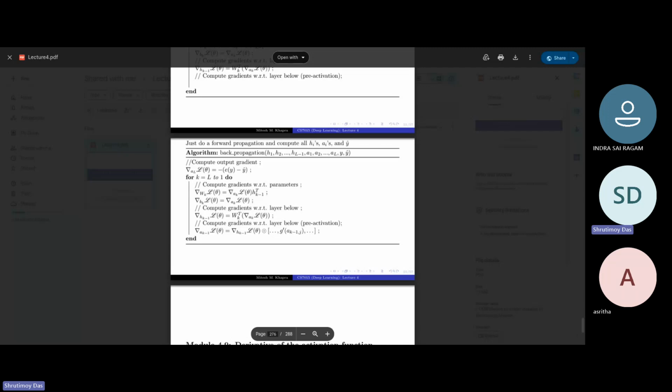It need not be, because these red weights are -1 and these blue weights are +1. So we have to multiply x1 with -1 and x2 with +1.